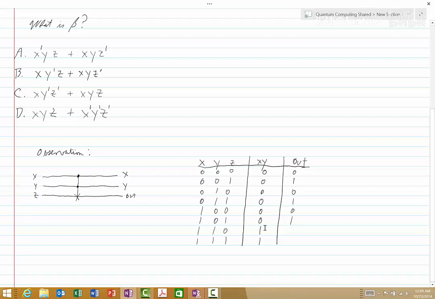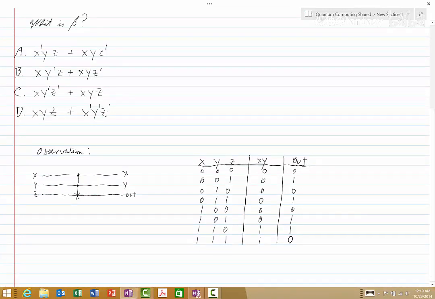And now for the last 2 values of out, remember that in those cases, when X and Y are both equal to 1, the value on the Z line will be inverted. So this 0 will become a 1, and this 1 here will become a 0.